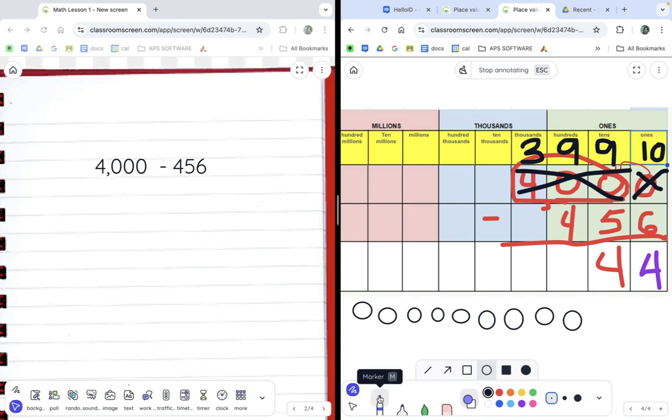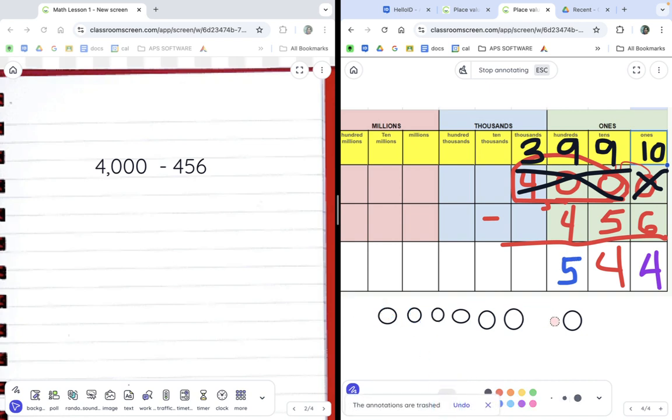And then we take away how many? 4. So let's cross out 4. 1, 2, 3, 4. Let's count how many are left. 1, 2, 3, 4, 5. So there's 5 right here. Okay, so we're done with that. Let's erase it and start a new set again.